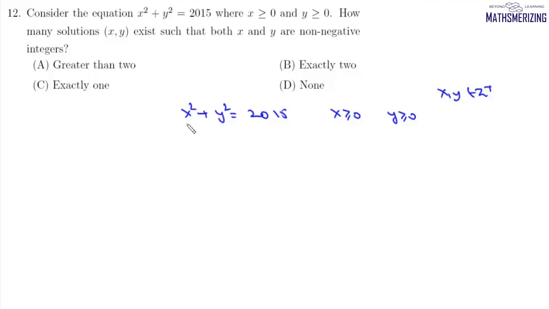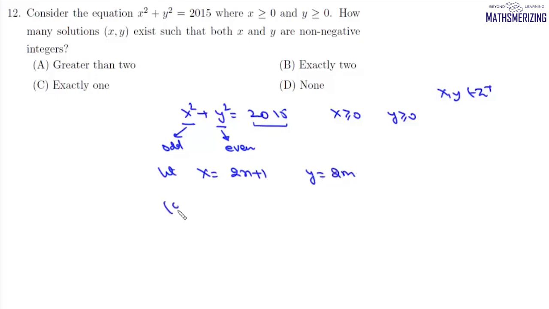Now since x square plus y square is an odd number, one of these numbers must be an odd number and the other number must be an even number. So we'll say let x be 2n plus 1 and let y be 2m.